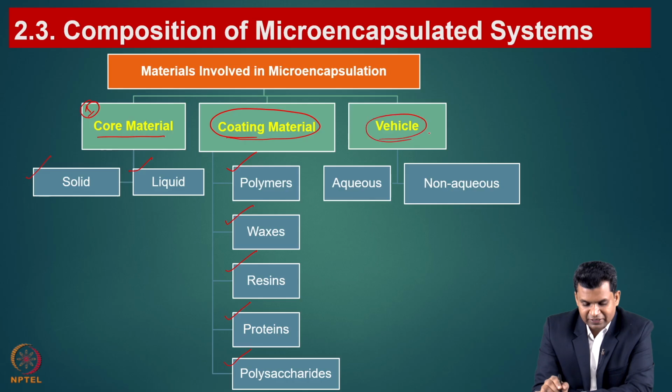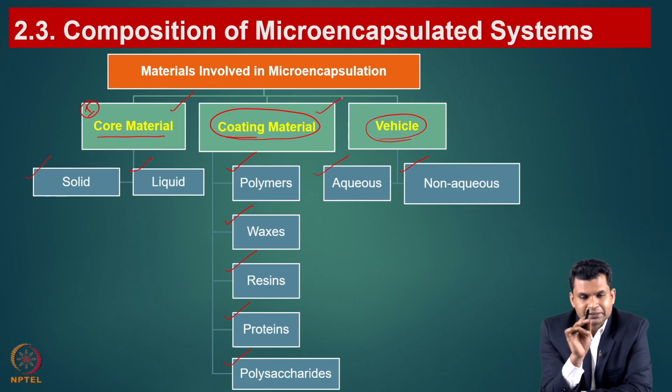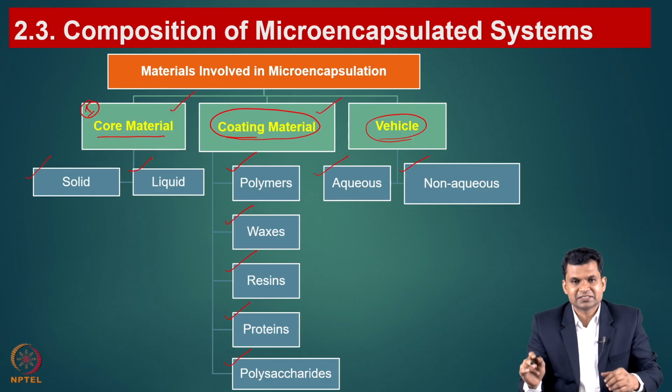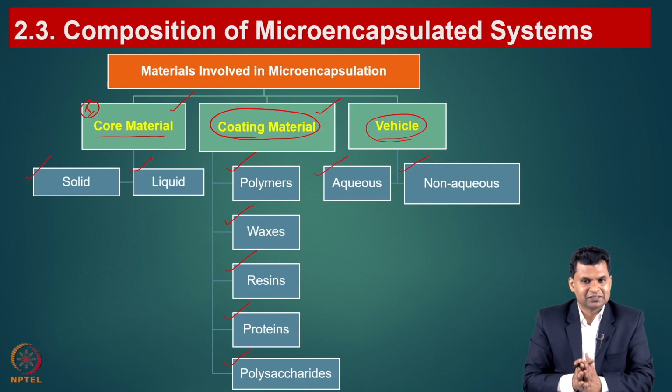And the third one is the vehicles, which may be aqueous and non-aqueous. This will be selected based on the solubility and physico-chemical properties of your core material as well as coating material.